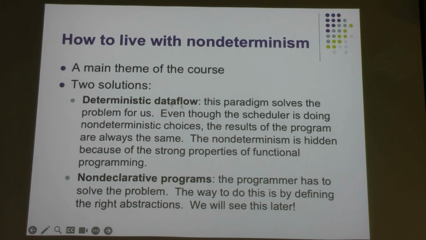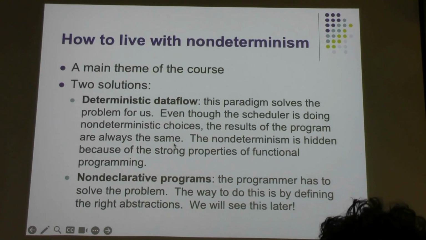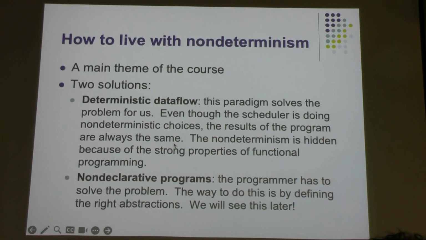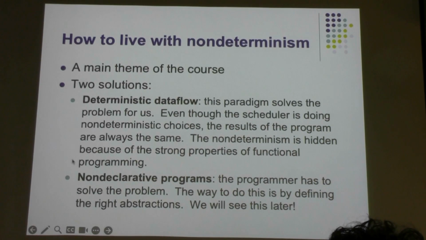Even though the scheduler is doing non-deterministic choices, the results are always the same. So this is the best, if we can do it. The problem is we can't always do that. But we have to do it as much as possible, because with this, the problem basically goes away. That's very nice when the problem goes away. So we try to do this as much as possible, because it will make the problem go away.